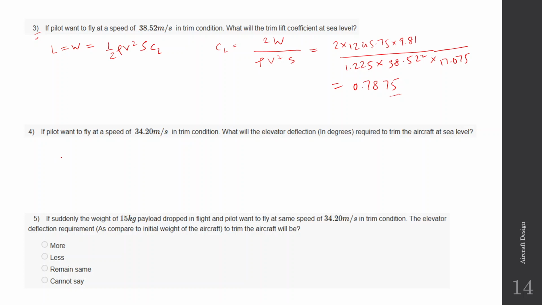Okay, now for the next question, it is similar. Here the aircraft is just flying at a different speed. Rest of the things are similar, so we'll use the same formula.